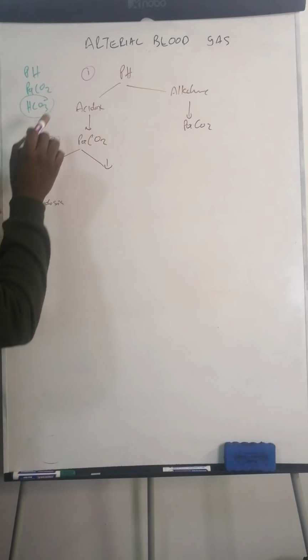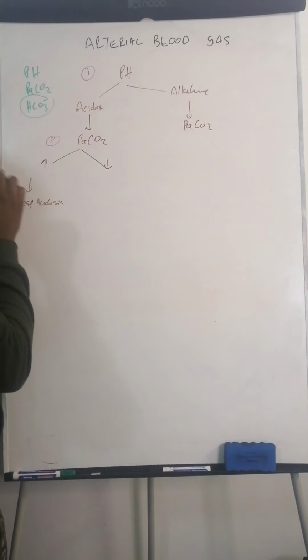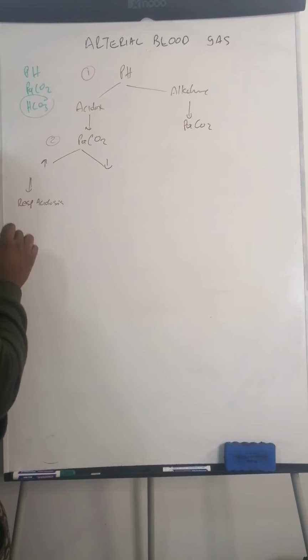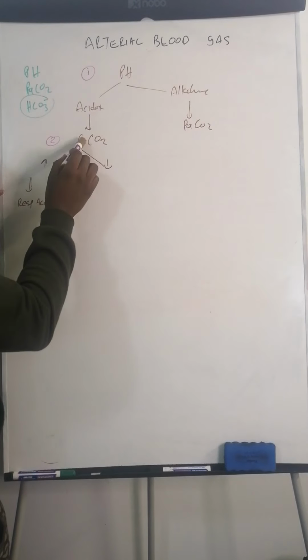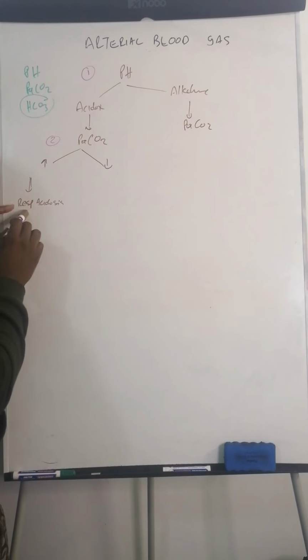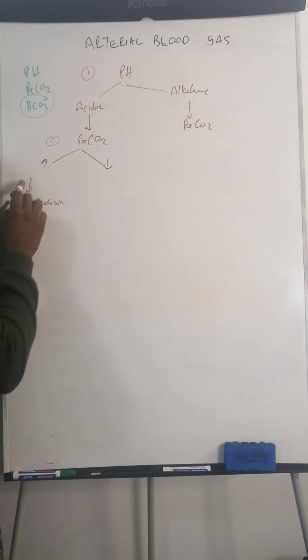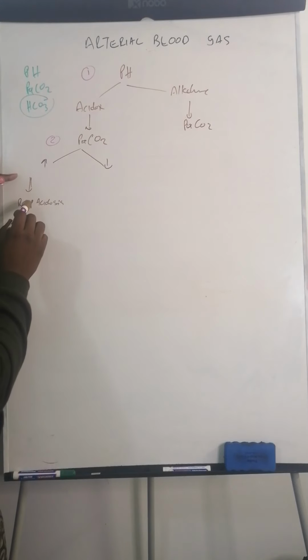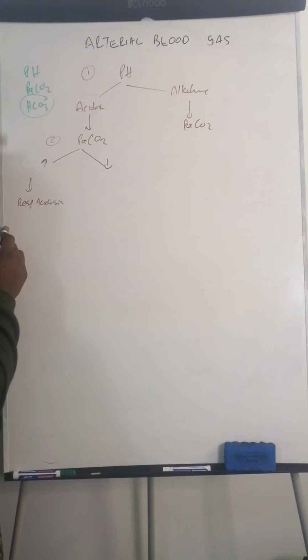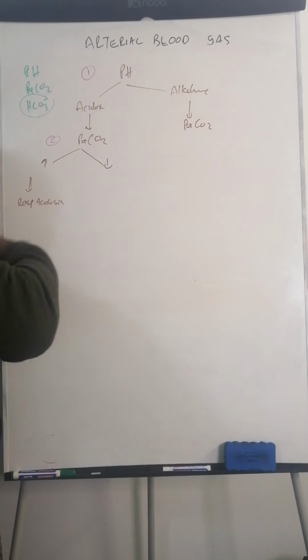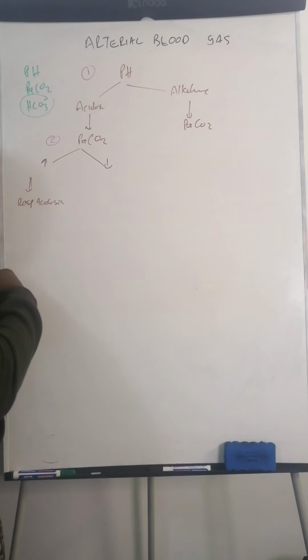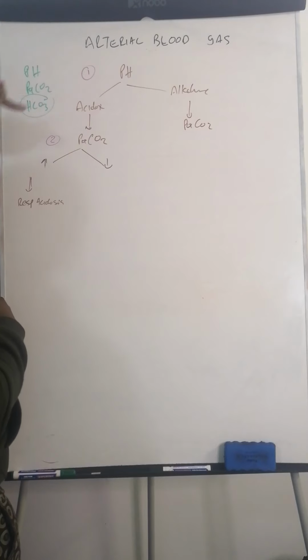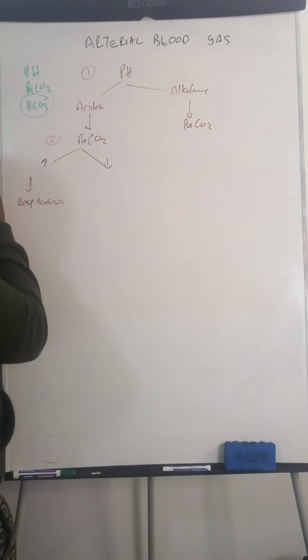We've got an acidic pH with an increased partial pressure of carbon dioxide. We are happy. There's nothing confusing there because our CO2 agrees with an acidic pH. Remember, an increased partial pressure of CO2, meaning the patient is building up CO2 in the body, will cause acidosis. So acidosis plus an increased CO2 gives you respiratory acidosis.